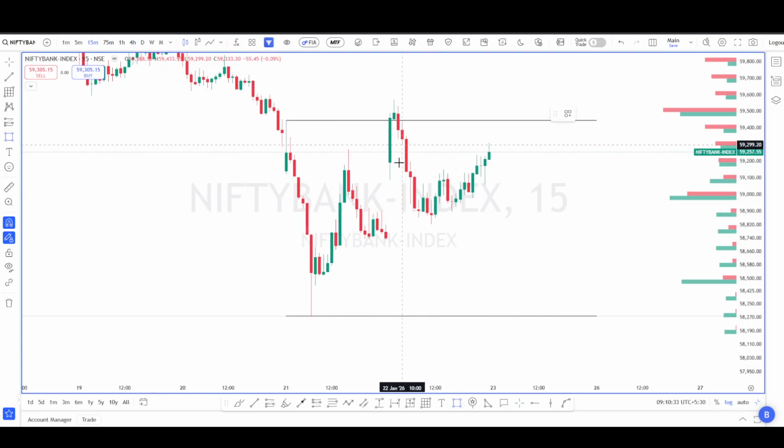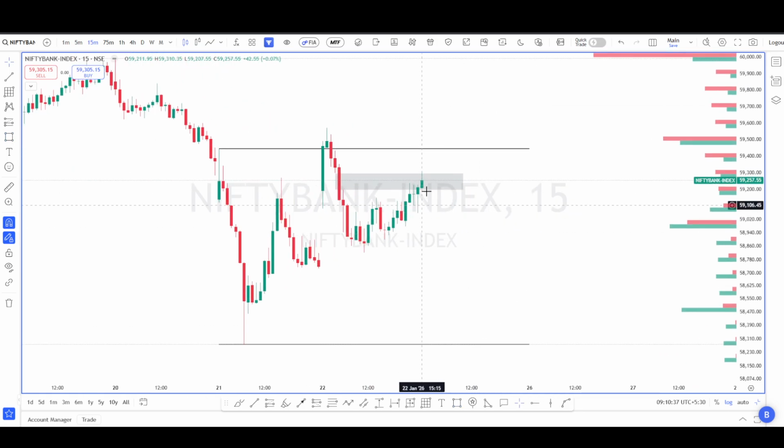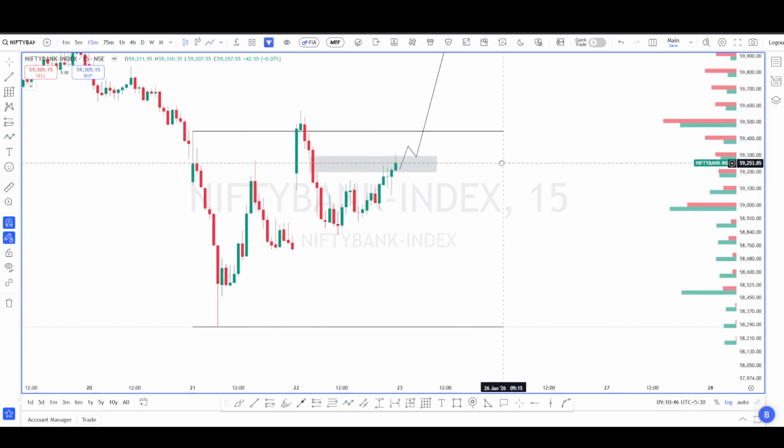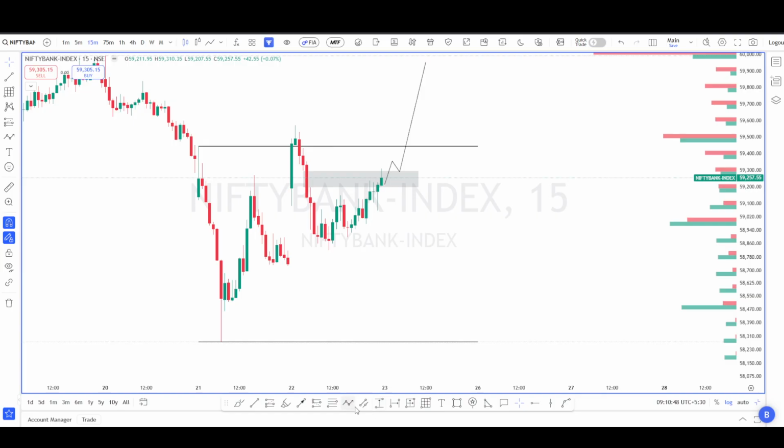This 15-minute fair value gap will play a very important role for price to either go higher right here or lower like this.